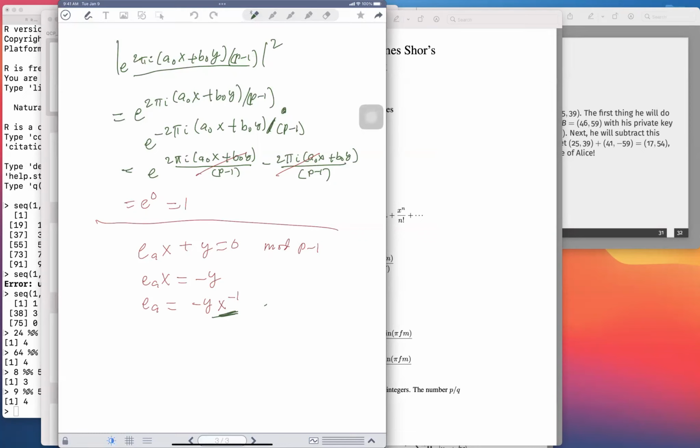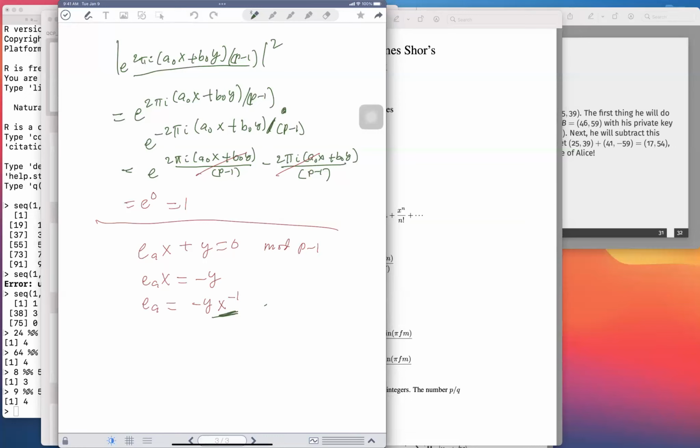If you recall, there's a definition of the modulo, right? What's the definition of the modulo?